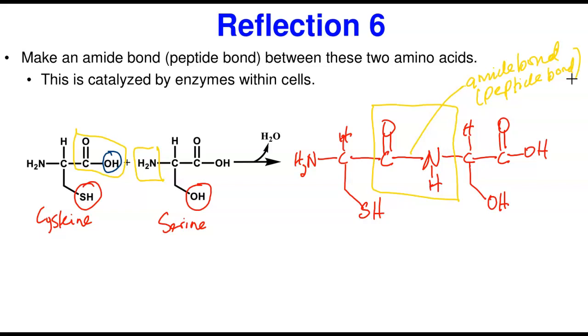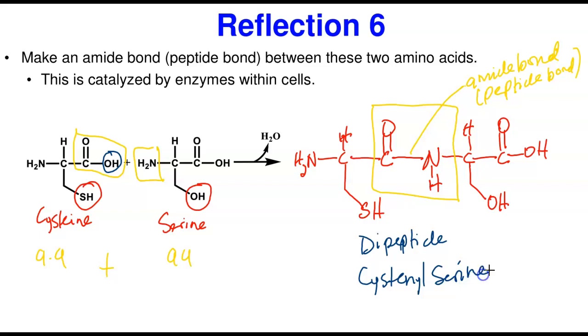So now this molecule, remember this is an amino acid, plus an amino acid combines to form two amino acids. And these two amino acids, we actually call a dipeptide. And in fact, this dipeptide is called cysteinyl serine, because this is cysteine.